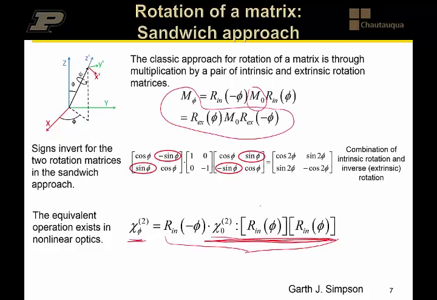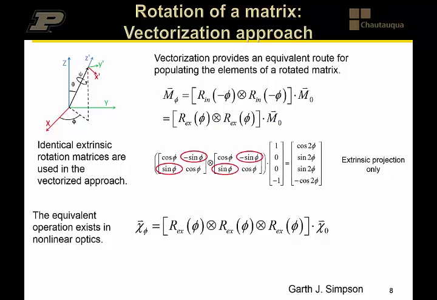So for example, if we have this 2 by 2 matrix right here, and we want to end up with this 2 by 2 matrix right here, we can vectorize it, where this is the vectorized form of the first matrix, and if we take this vectorized form and multiply it by the rotation matrix twice, so there's not a plus phi and a negative phi. These are not inverse operations of the rotation matrix. They are identical, and we multiply them by the vectorized form of the initial matrix. That gives us the rotated matrix also in vectorized form.